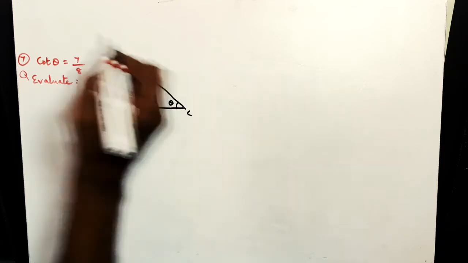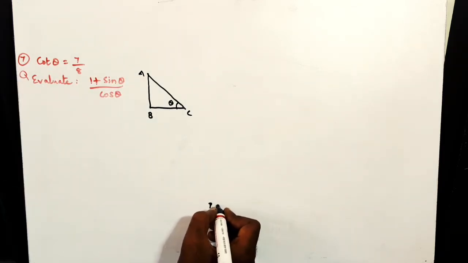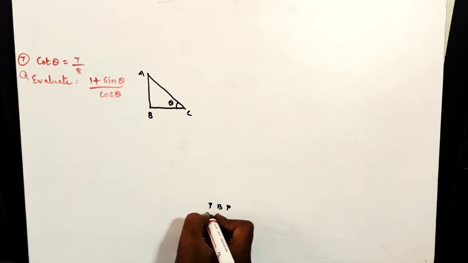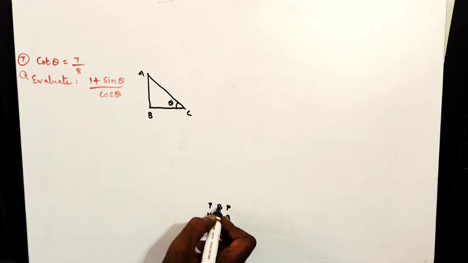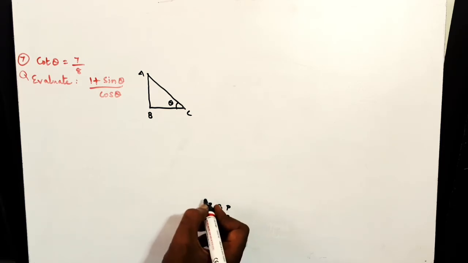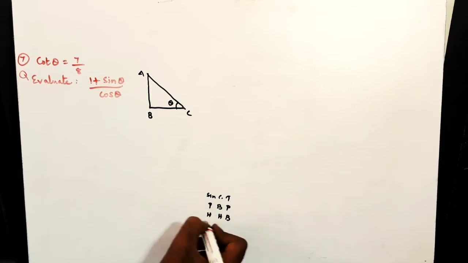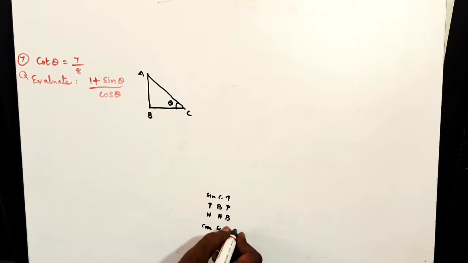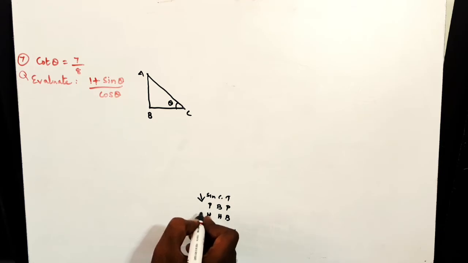Theta, wherever you want, you can consider here. This is theta. Now we know Pandit Badri Prasad Hara Hara Bole: sin, cos, tan, and the reciprocals cosec, sec and cot, top to bottom and bottom to top.